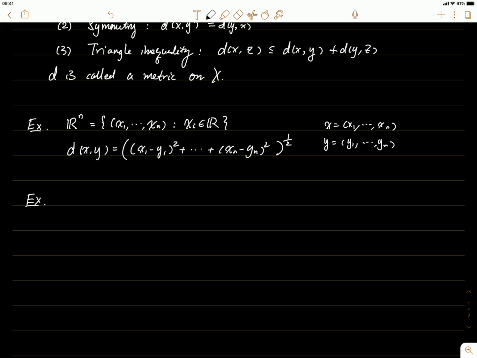So let's look at this example. So here I have C[a,b]. That means all the continuous functions defined on the interval [a,b]. So this basically means the functions, that is a mapping from the interval [a,b] to a real number, and this function f is continuous.